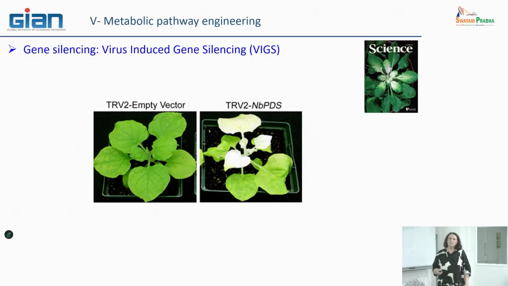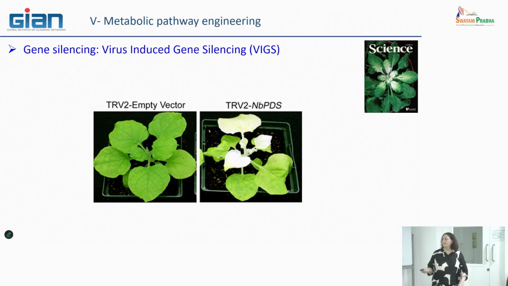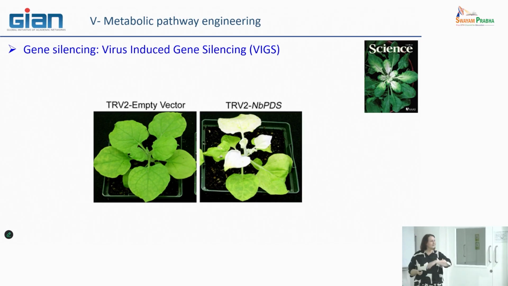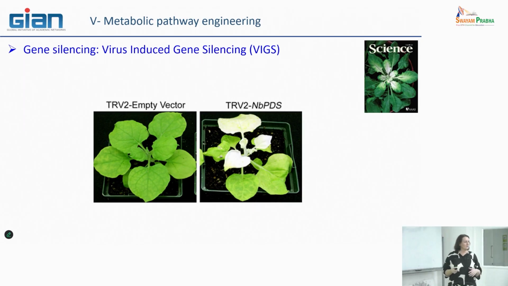So you can imagine it will be really faster than the previous one that needs to obtain several transgenic cells or transgenic plants. In this condition, we will have the answer in a few days. So this is why this technology has completely changed, okay, the way to study the functional activity of the genes of a pathway.